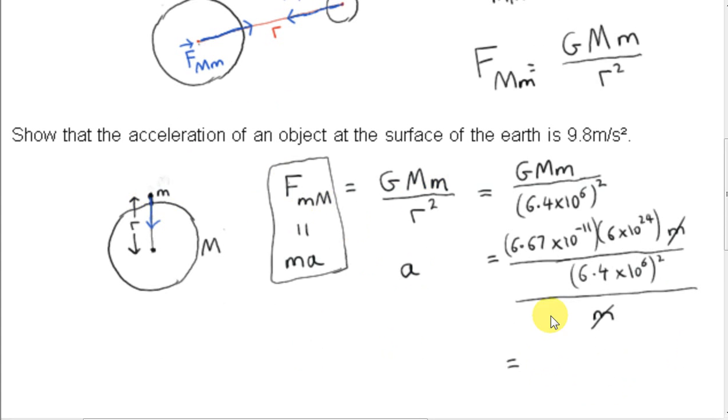If you calculate this, you get about 9.8. And this is given the name g. So as long as we're near the surface of the Earth, our value of g won't change too much from 9.8.